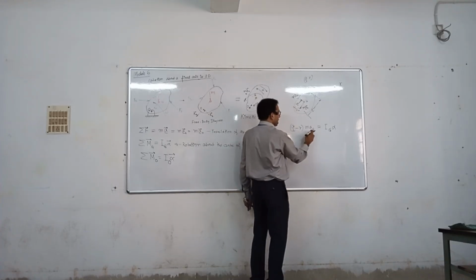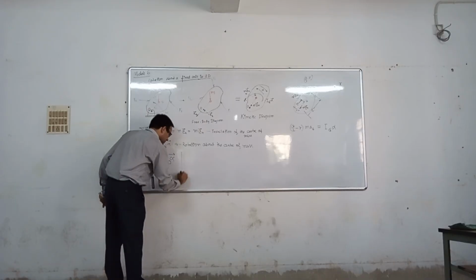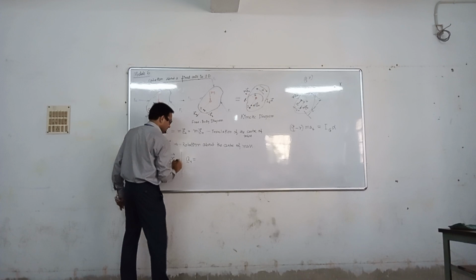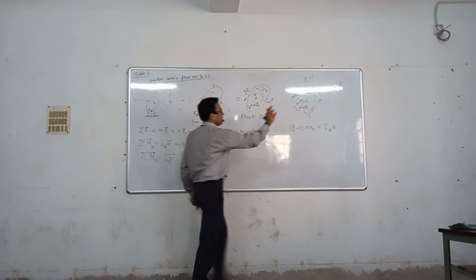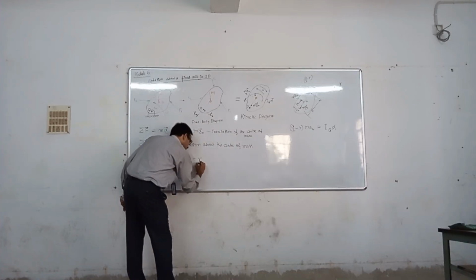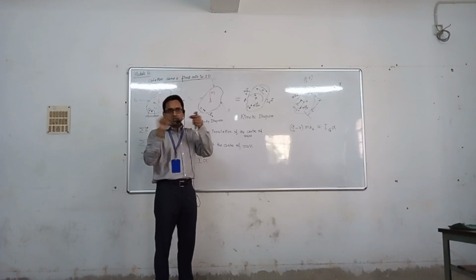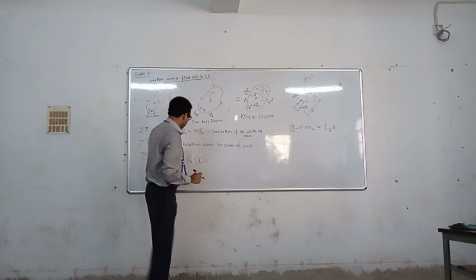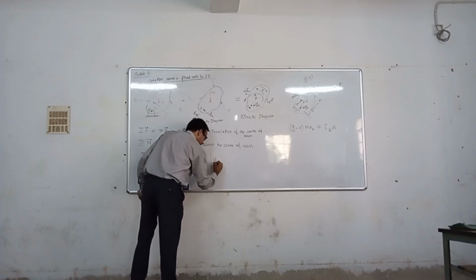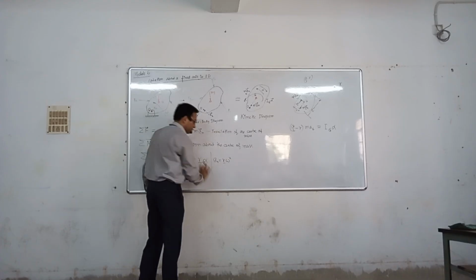Okay. Now again I know that AT is equal to r bar alpha. Acceleration in the tangential direction is r alpha, and acceleration in the normal direction is r bar omega square.